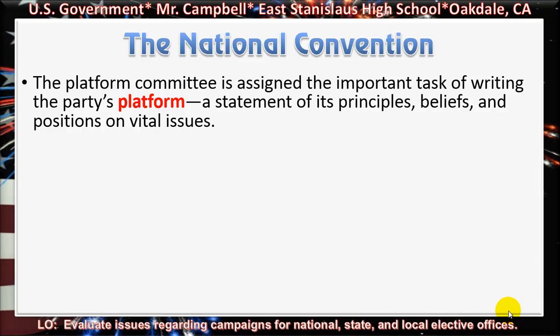So, over time, if they feel enough party members have changed their view, there might be a movement to drop something from the party platform that has been a part of it. Or as new issues come up, it may become a part of the party's platform, or a position. But all of this is done, once again, at the National Convention every 4 years.